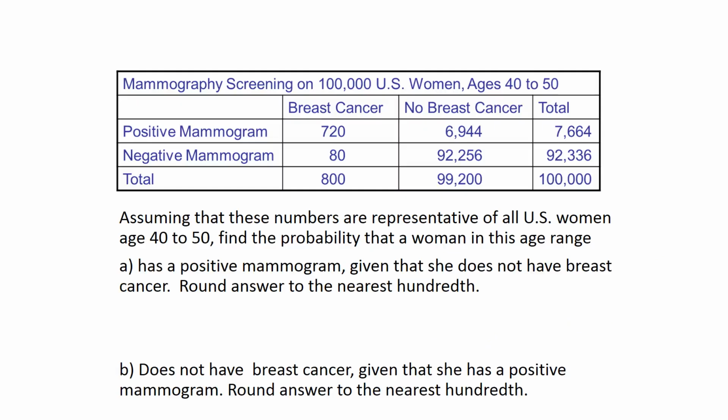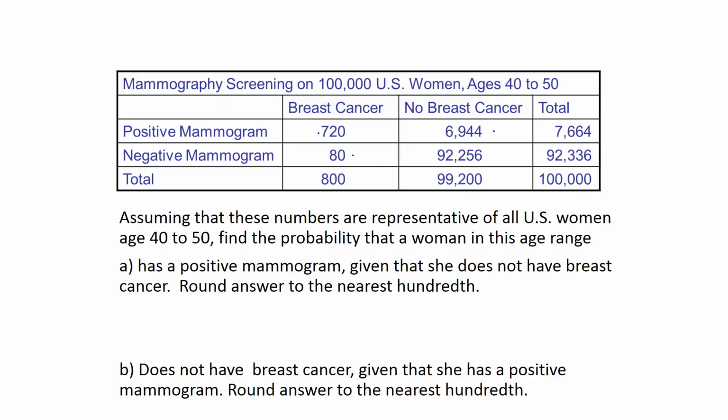Mammography screening on 100,000 U.S. women ages 40 to 50 found that 720 had a positive mammogram and had breast cancer. 80 had a negative mammogram and still had breast cancer.